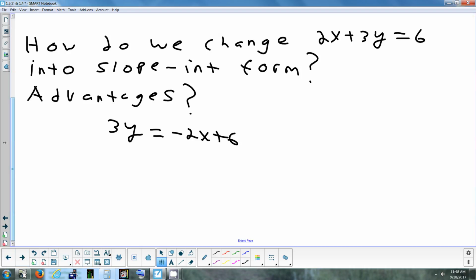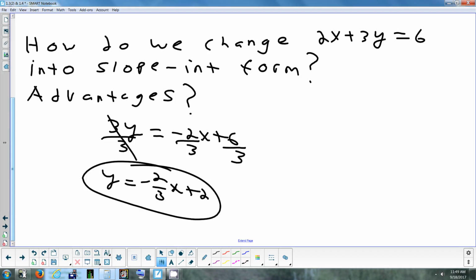So how would you get rid of what's next to y? I like the idea of dividing, but divide by 3. Yeah, divide everything by 3. So now you get y equals negative 2/3 x plus 2.